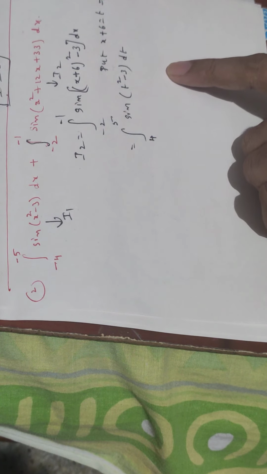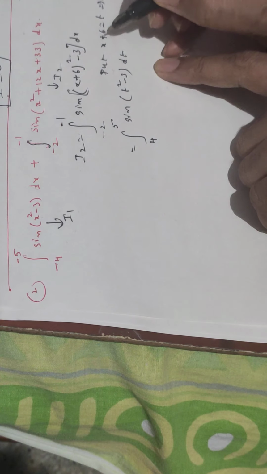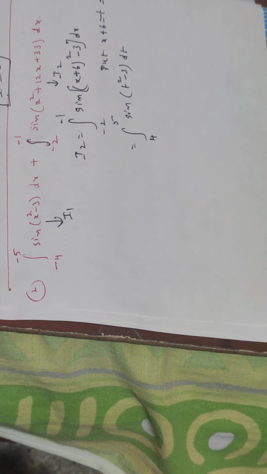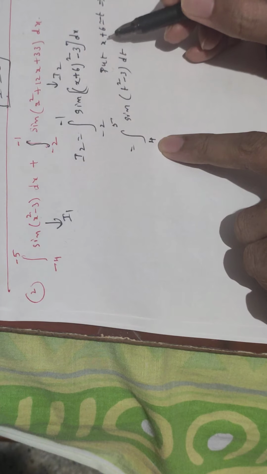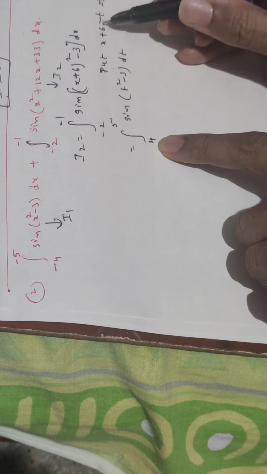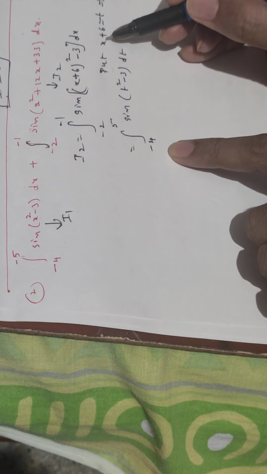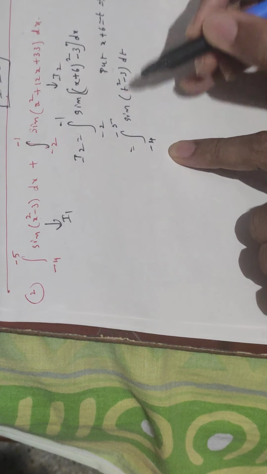That's why, by the idea, we can take the substitution as x plus 6 equals minus t. Then x value minus 2 means it will be minus 4. x value minus 1 means it will be minus 5.